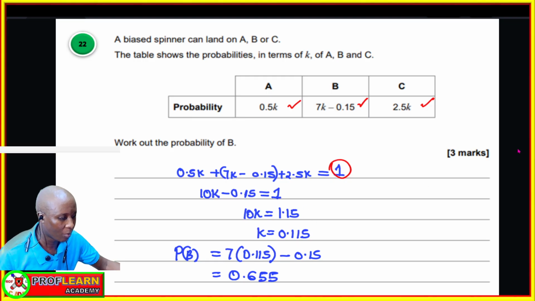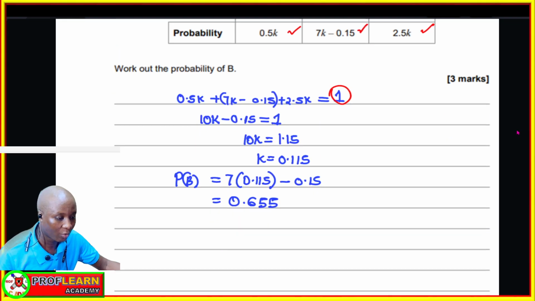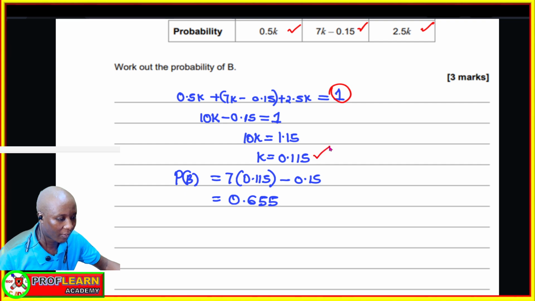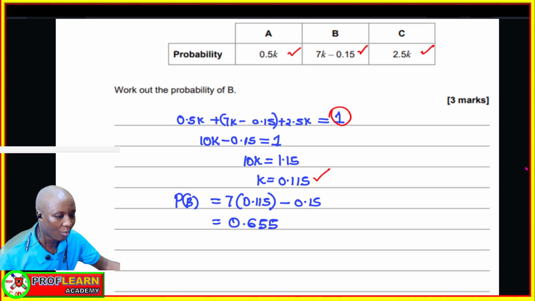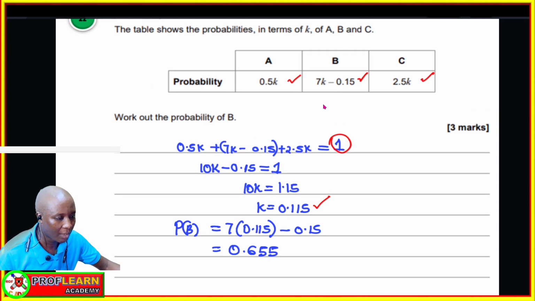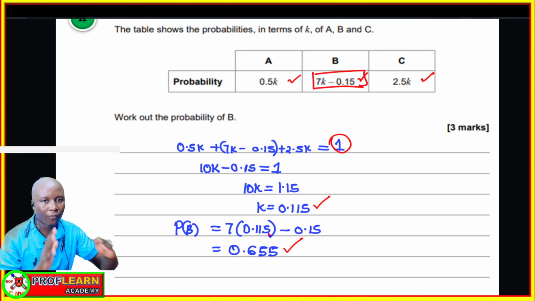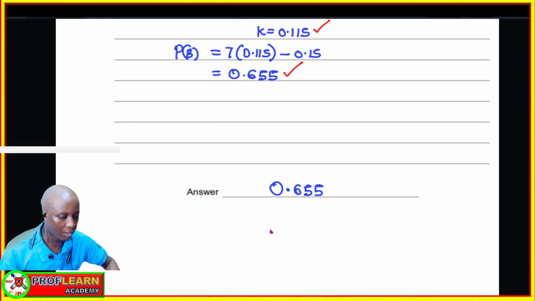Then if you put the like terms together and solve using algebra, you are going to get the value of k. But since they wanted us to work with the probability for b, you are going to substitute the value of k into this part, and then you will get the exact value of the probability of b.